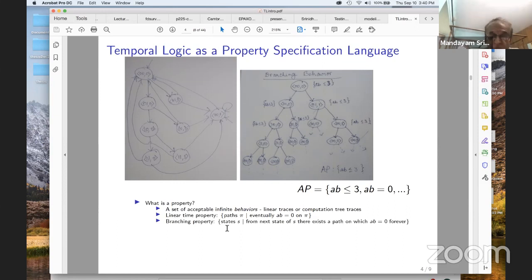As you can see, the second way of specifying a property describes the branching behavior as well. So, given the computation tree that you see in the picture here, what are some of the paths that satisfy the second property, or that are included in the second property?